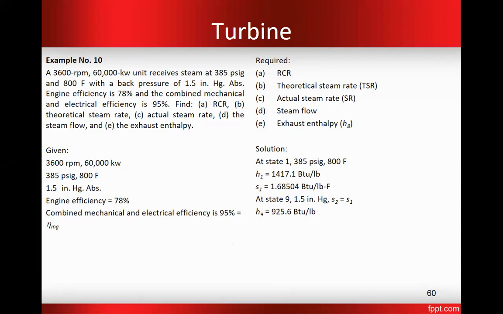S of 1 is 1.6840 BTU per pound Fahrenheit. So ang basis mo at state 9, 1.5 inch mercury absolute, and S sub 2 is equal to S sub 1, isentropic. Then H sub 9 is equal to 925.6 BTU per pound.